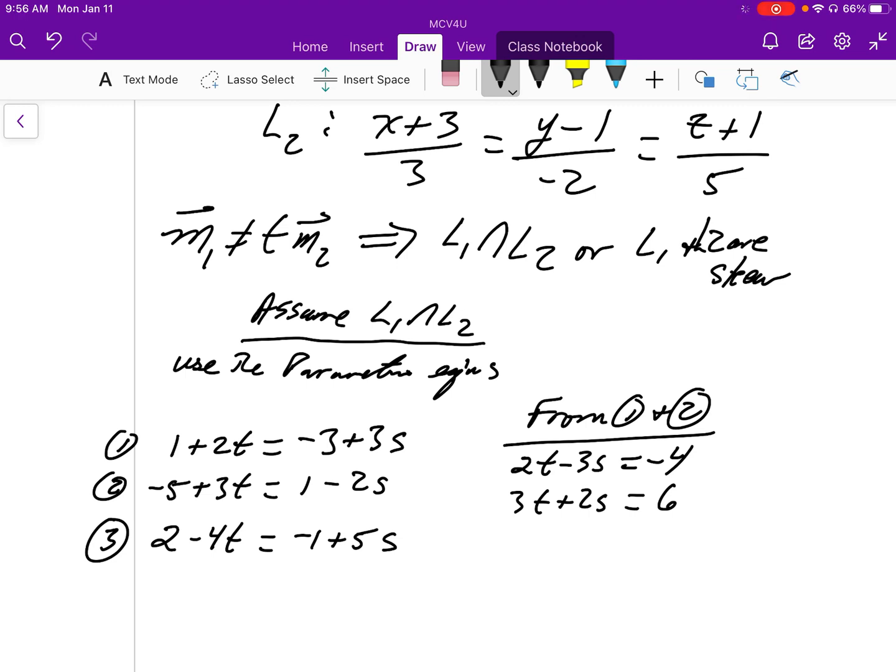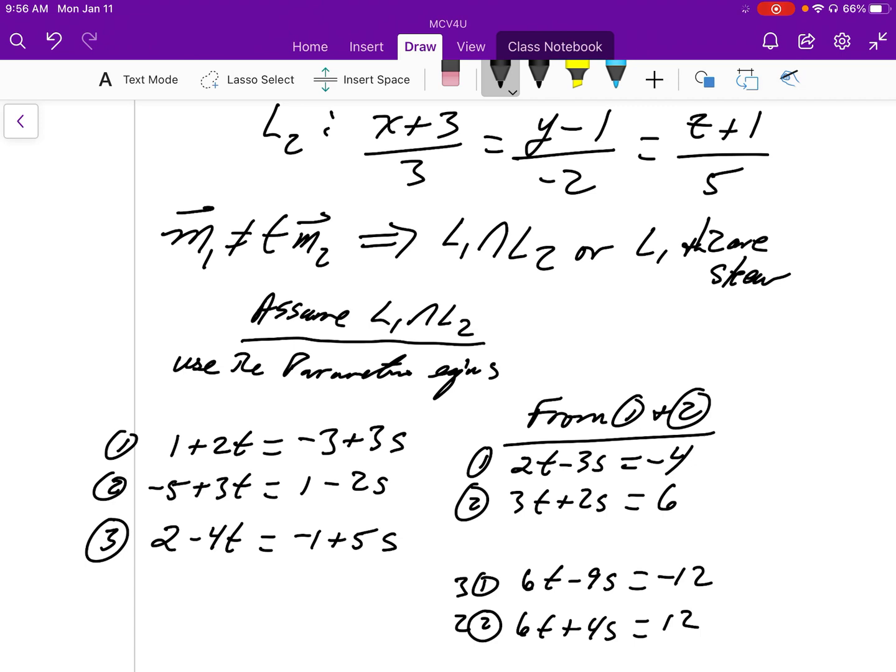Let's say we go with 3 times equation 1, 2 times equation 2. So we have 6t minus 9s equals negative 12. We have 6t plus 4s equals 12.